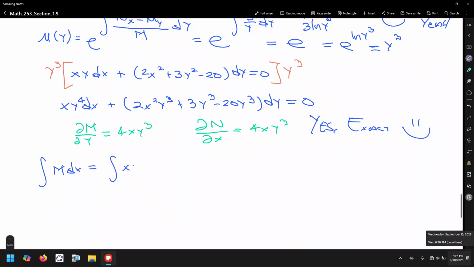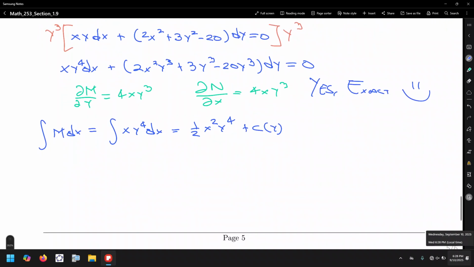The integral of xy to the 4th dx, with respect to x, that's the integral of x, which is 1/2 x squared times y to the fourth. That's because y to the fourth is a multiplicative constant, not an additive constant. And I'm going to add some constant, plus c of the other variable y.